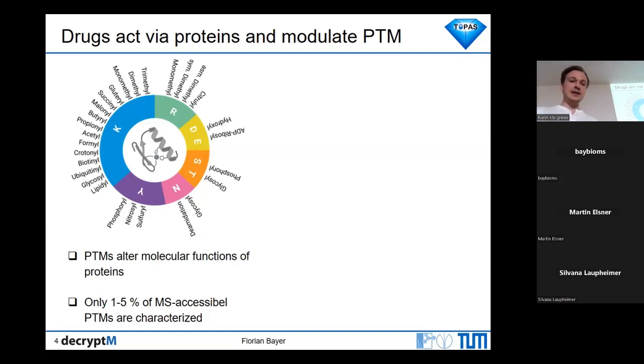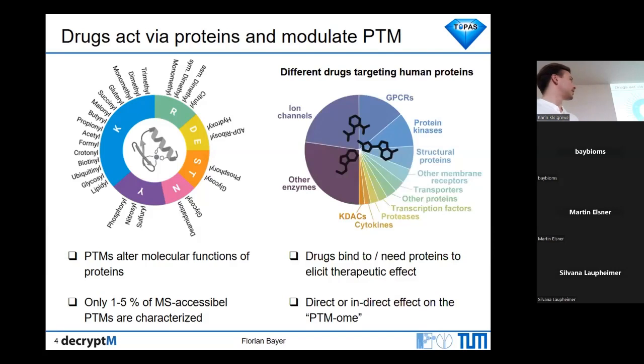On the other hand, we have human drugs, and many of them interact with proteins. For instance, protein kinases, which I like the most and work on the most: the job of a protein kinase is just changing one proteoform to a different proteoform. It takes the substrate, adds a phosphorylation, and then you have a different function, usually inactivating or activating substrate proteins.